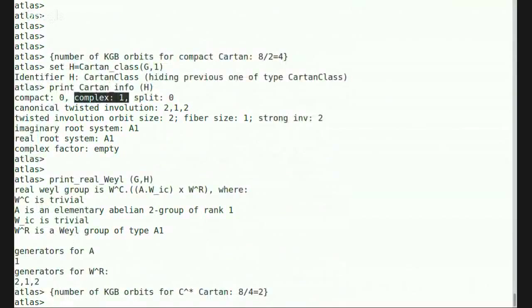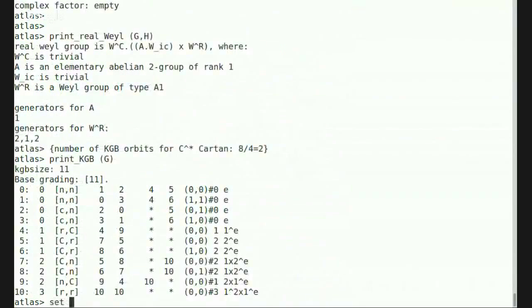Okay, and let's print KGB of G again, and let's set X equal to a KGB element. We're talking about Cartan number 1, so let's take this element 4.